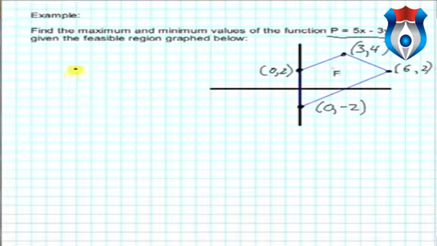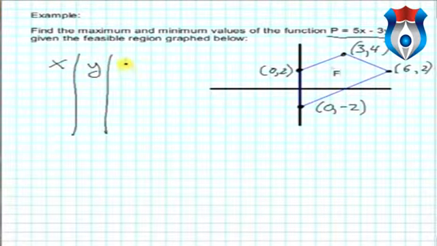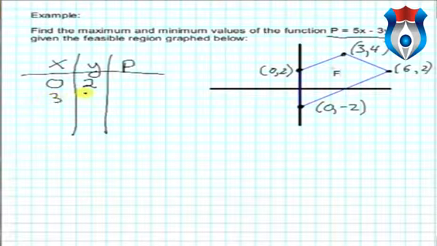The easiest way is to form a table where we input our x and y values, and then compute our objective function for each of those. So if we fill in our table, we have (0, 2), (3, 4) going around the diagram, (6, 2), and (0, -2). Now we can calculate p by substituting in.